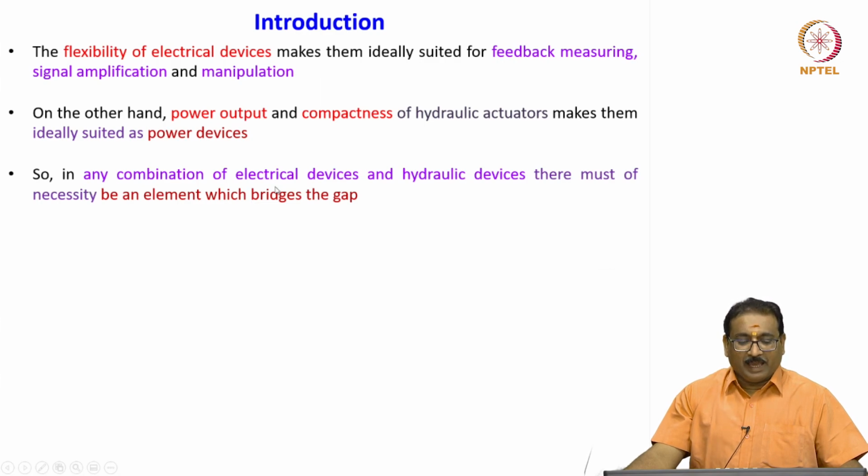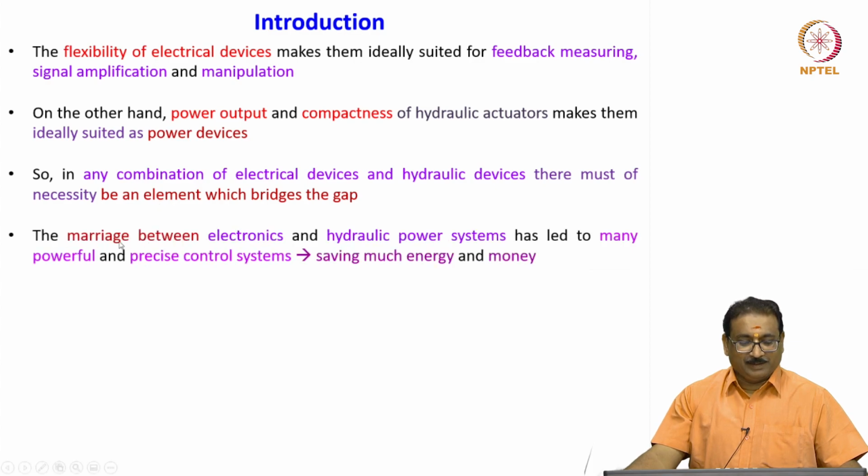So, in any combination of electrical devices and hydraulic devices, there must of necessity be an element which bridges the gap. The marriage between electronics and hydraulic power systems has led to many powerful and precise control systems, which results in saving of much energy and money.